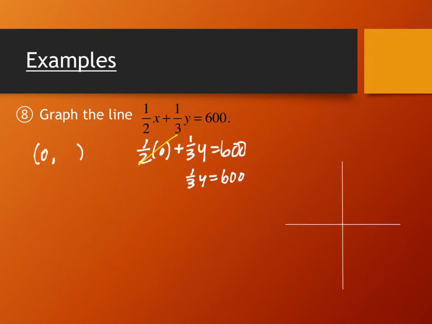Either multiplication or division. Multiplication, what would I multiply by? 3. I kind of like multiplication here. In my mind, it's a lot easier to think about 600 times 3 than 600 divided by 1/3. So what is 600 times 3? Yeah, 1800, right.